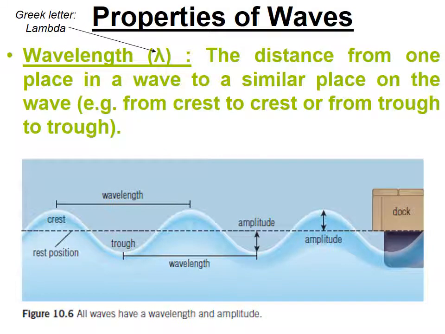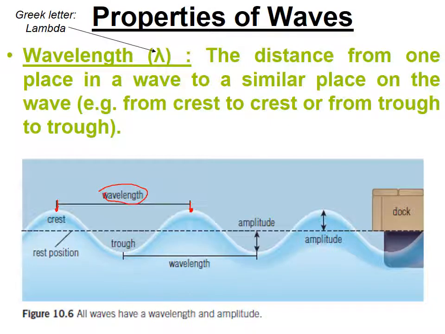The wavelength is another very important term you need to know about the properties of waves. It's basically just a distance from one place on a wave to another similar place on that wave. So for example, if we choose the crest over here and move to the next crest just next to that first crest we labeled, measuring the distance from this crest to that crest would be the wavelength.